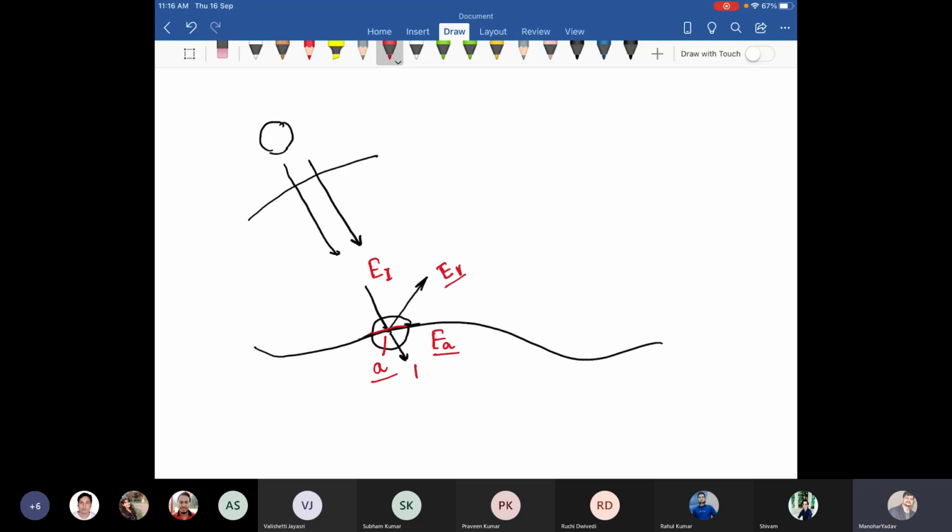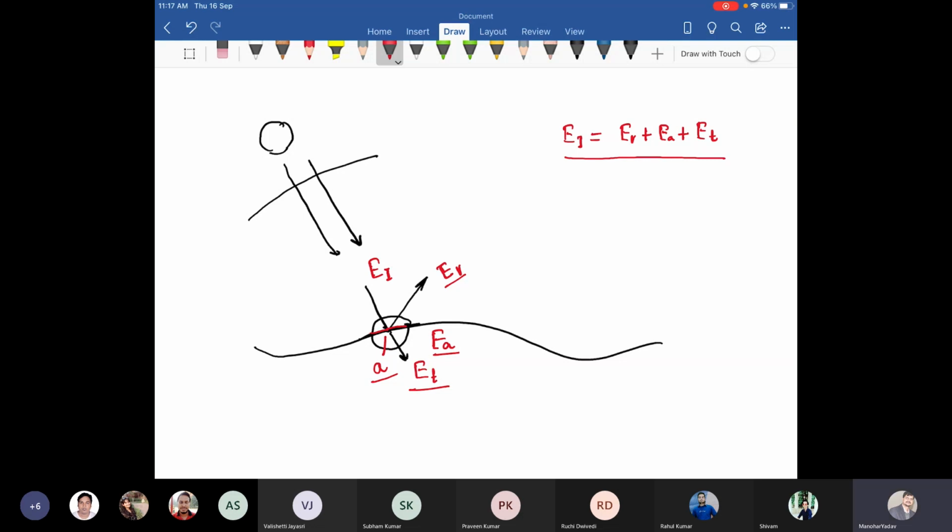Then the remaining energy is transmitted into the second medium from the first. So we can write the energy equation over here, where the total incident energy EI is equal to the reflected component plus the absorbed component plus the transmitted component.